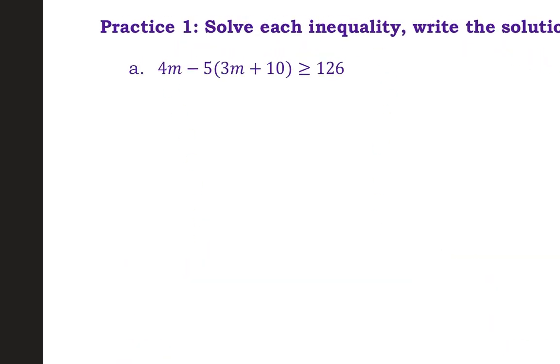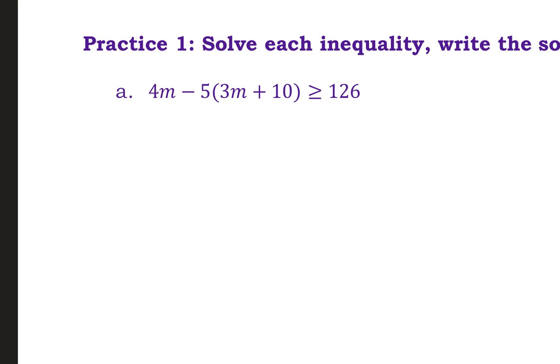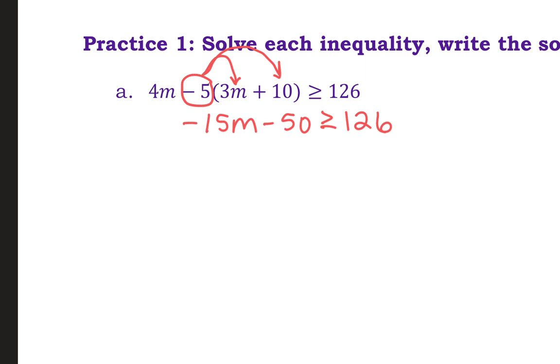All right, so checking the first one. We had to multiply the negative 5. Negative 5 by 3 is what? Negative 15m. Negative 5 times 10? Negative 50. Good. Bring down your sign. The 126. What do I need to make sure I don't forget? The 4m.